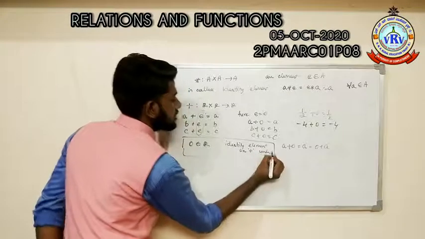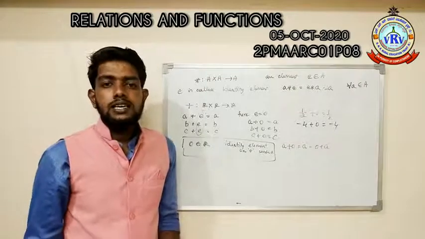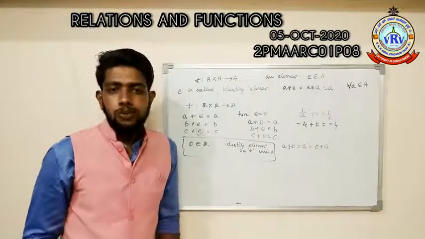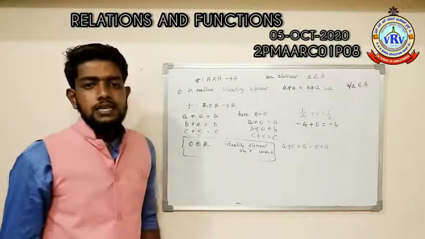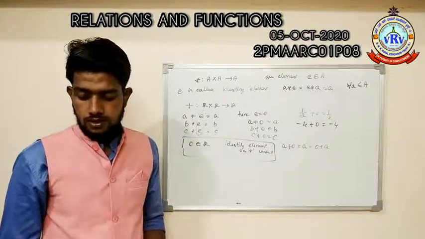Clear? 0 is the identity element if you are considering addition as a binary operation on the set R. And can you tell me an identity element for the multiplication?